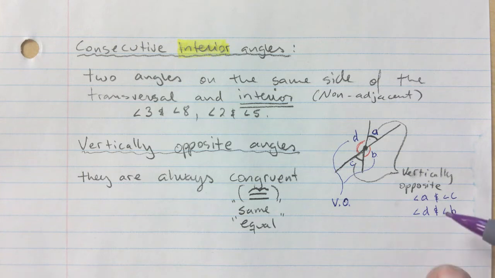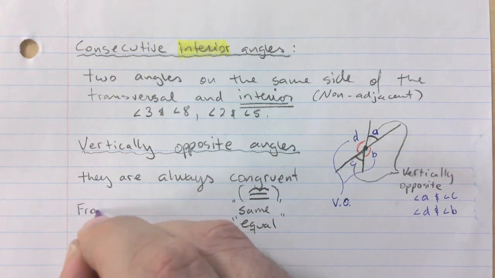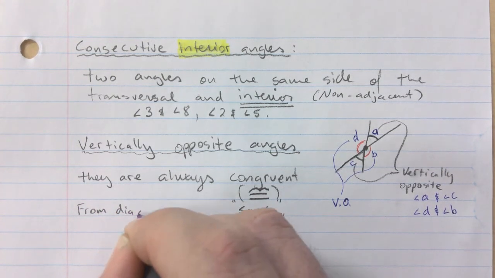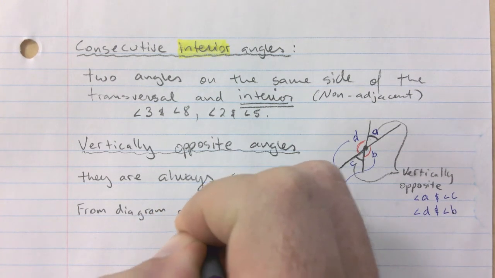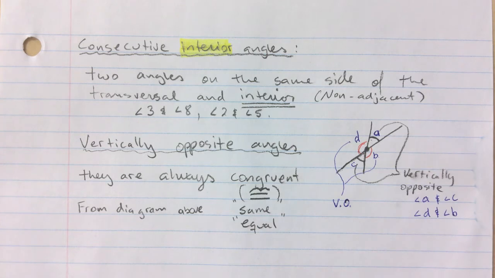I told you what vertically opposite angles are here, but what about our original diagram? Could you tell me some vertically opposite angles from the diagram above? I'll bring that diagram up again. Sorry, I might block you for a bit.